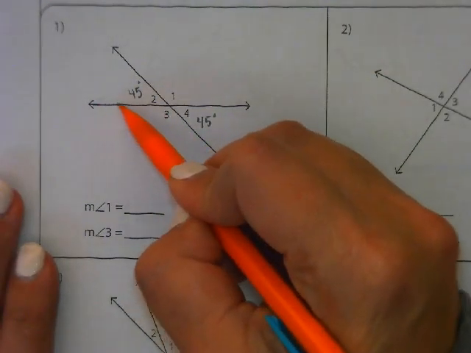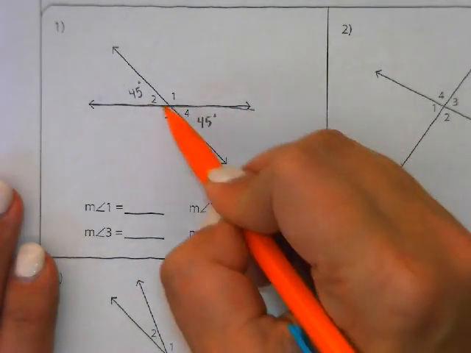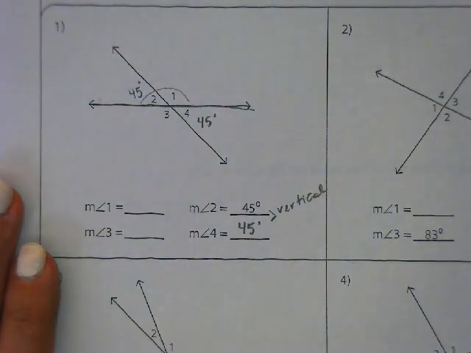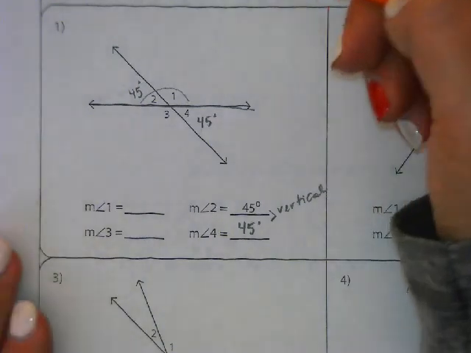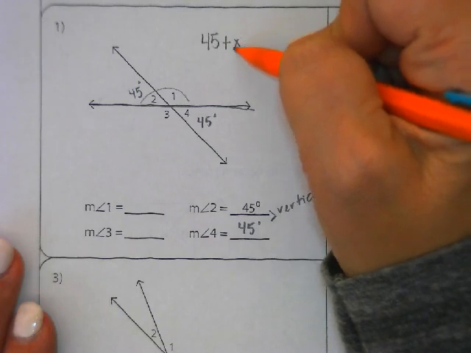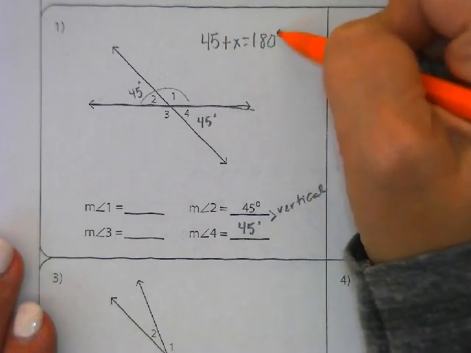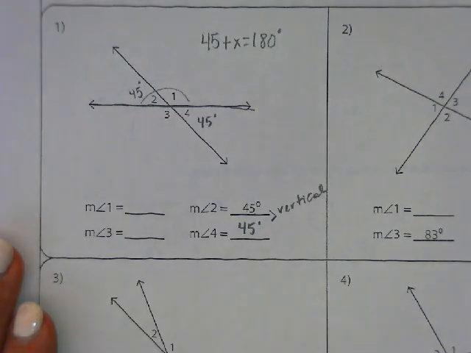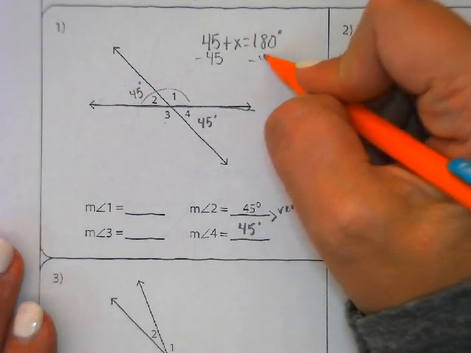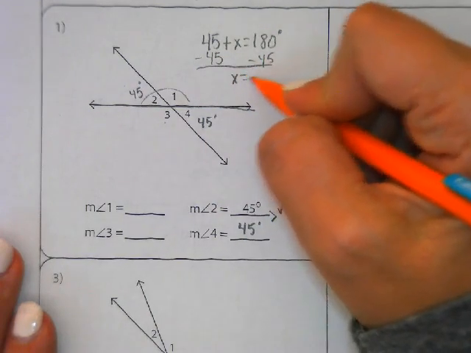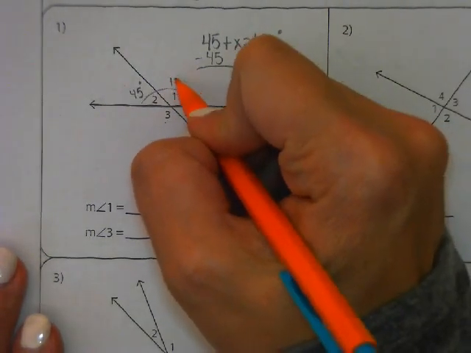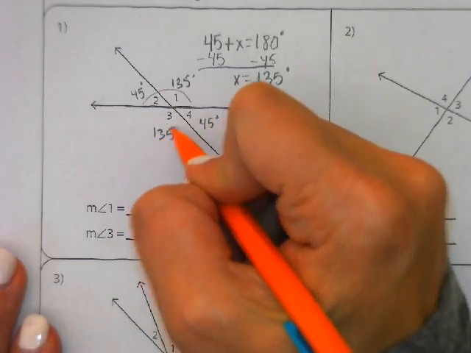This is what we call a linear pair or supplementary, right? So we just need to do 45 plus something is 180 to get angle 1, right? You can subtract 45 from 180 and we get 135. That is the measure of angle 1 and 3. All right?